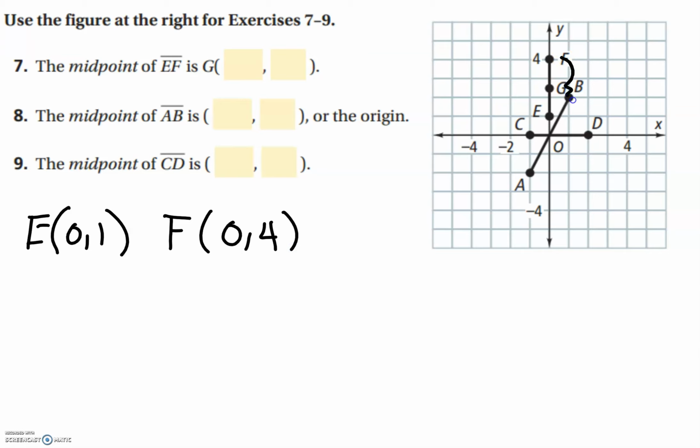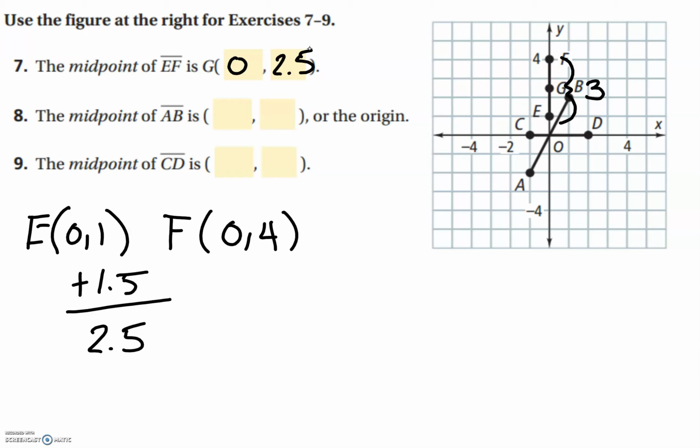So it's a total distance of 3. What's half of 3? It's 1.5. So if I add 1.5 to my y value, I end up at 2.5. So that's my coordinate for G.